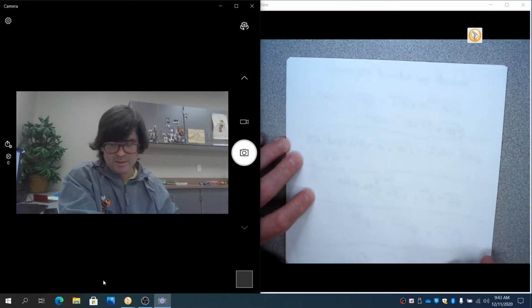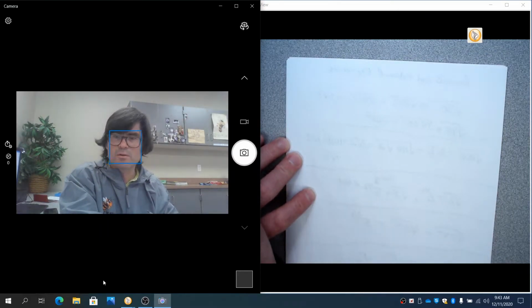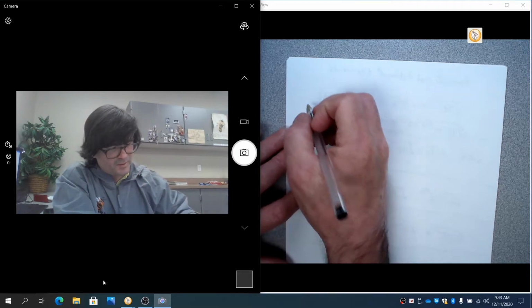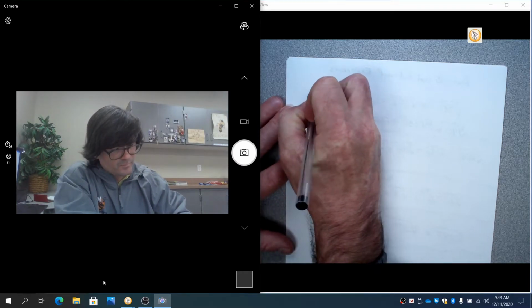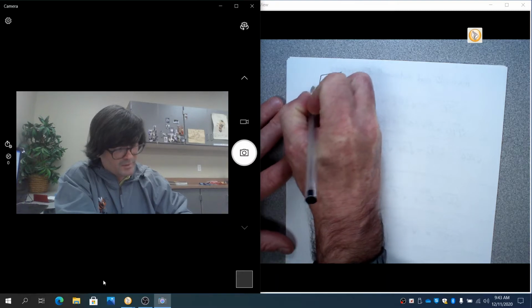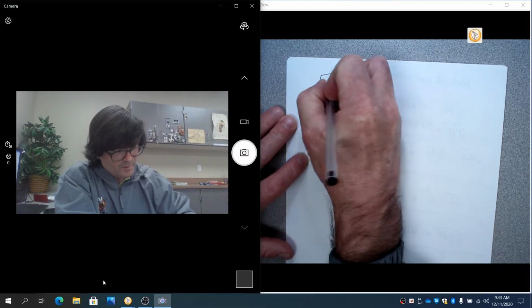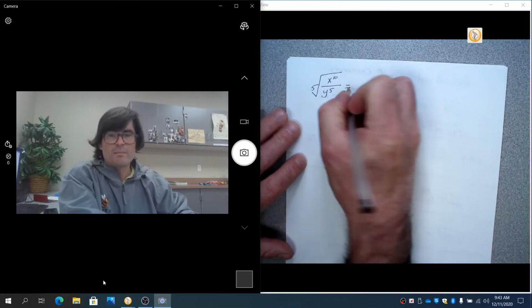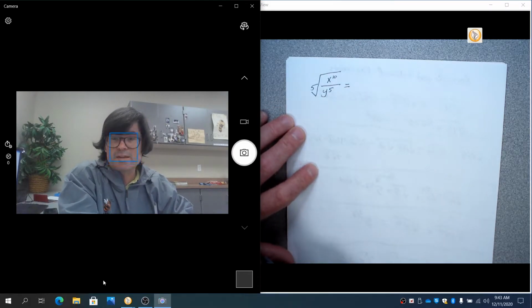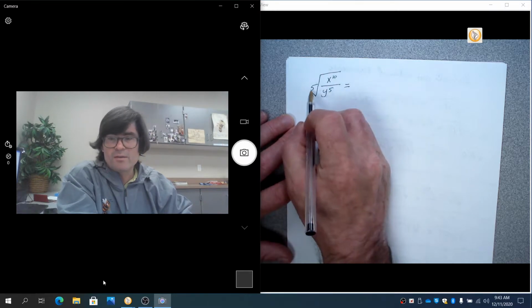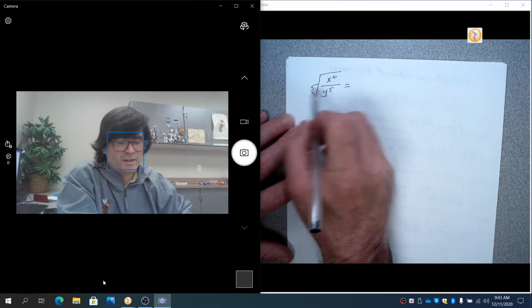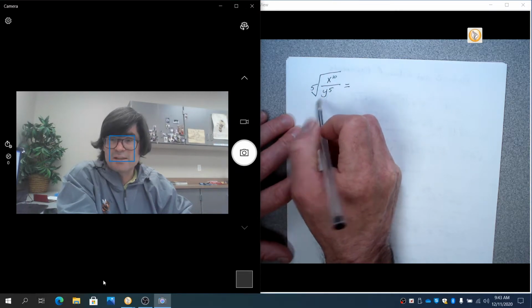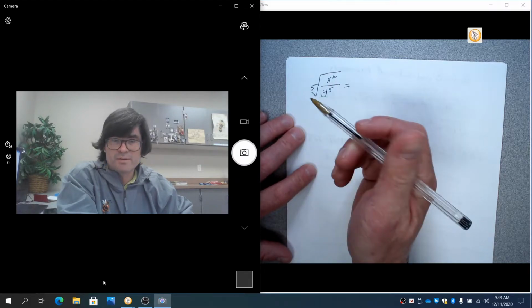Okay. Let's get a little bit more creative. Let's do something like the 5th root of x to the 10th, y to the 5th. This isn't too much different, but if you want to simplify this, you take the root, and the root is going to apply to everything inside the root as long as everything inside the root is either multiplied or divided with itself.